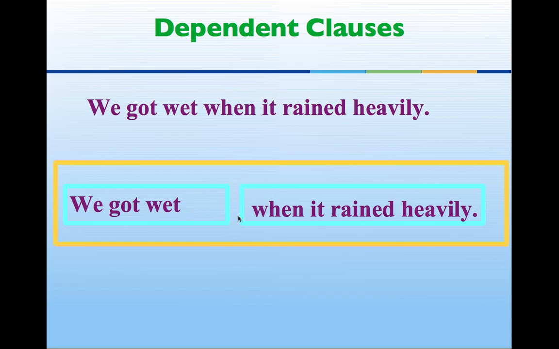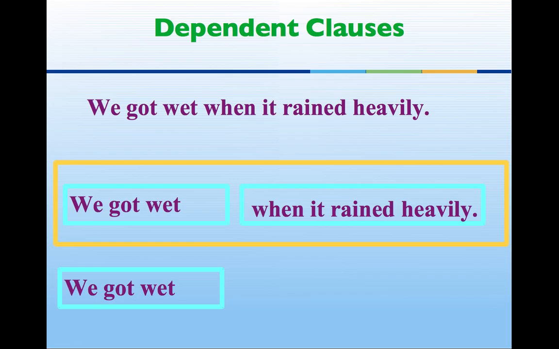So let's see, when we separate these clauses from the sentence, what happens? Is there any confusion, or do they give their meaning completely? Let's see. We got wet. Is there any confusion?